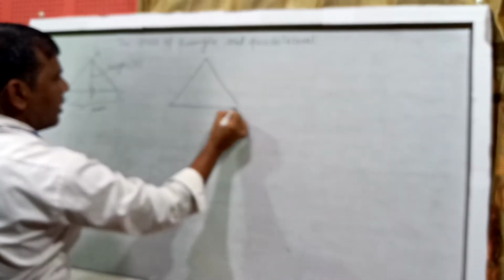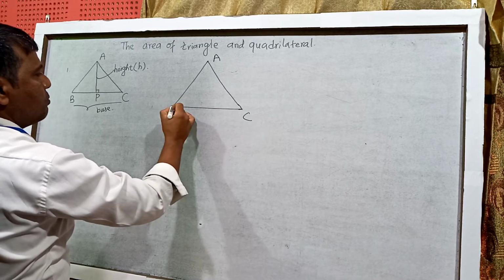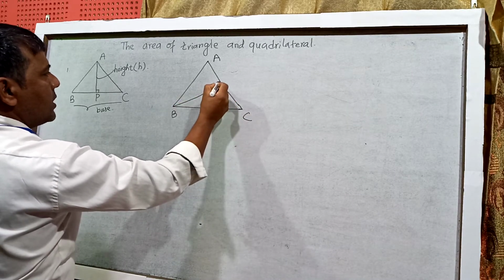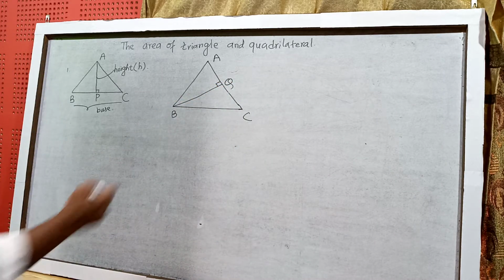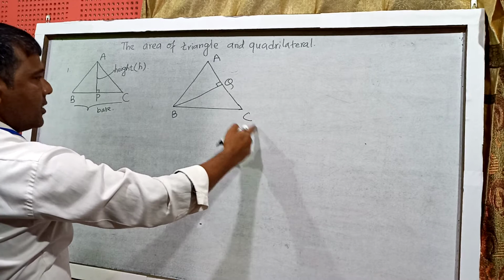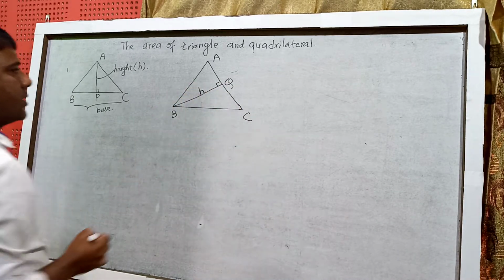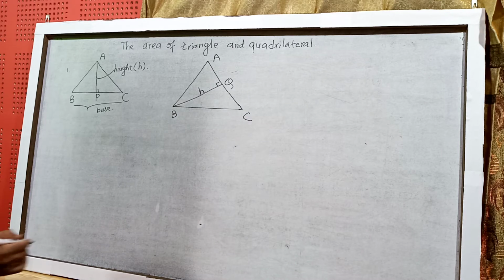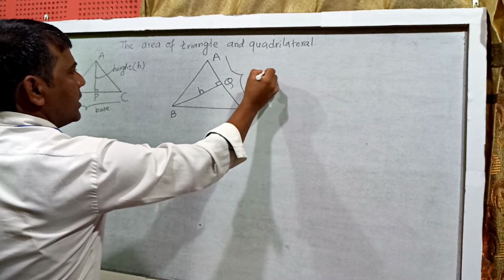In this triangle ABC, if BQ perpendicular is drawn on the side AC, then BQ is the height, and in this case, AC becomes the base of this triangle.